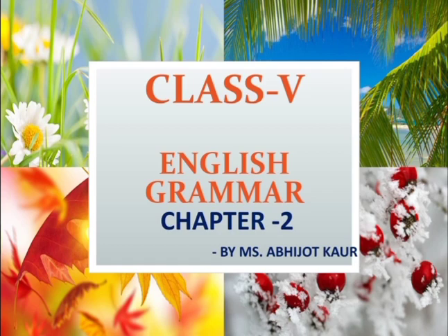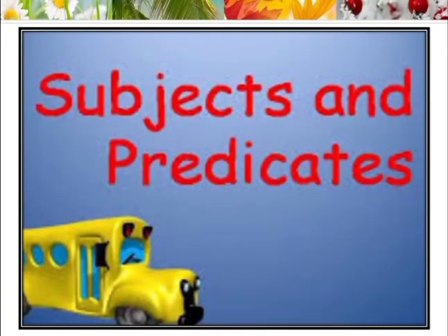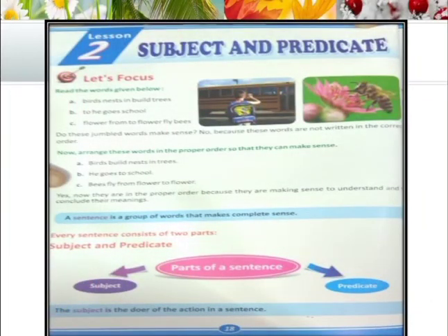Today, we are going to start with English Grammar chapter number 2, that is Subjects and Predicates. Children, we have learnt in the previous chapter that a sentence is a group of words that makes complete sense. That means a group of words which is arranged properly to give us a meaning is called a sentence.